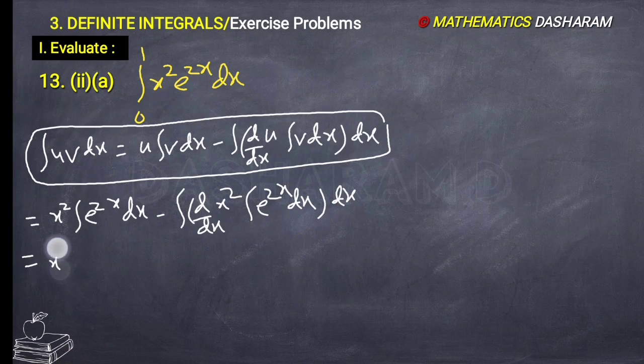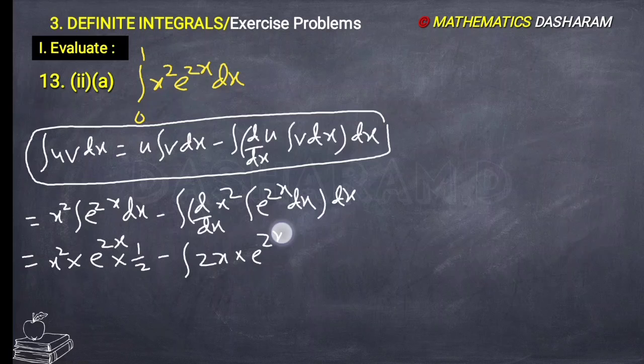It is equals to x square into integration of e power 2x is e power 2x into derivative of 2x is, so 1 by 2, derivative of 2x is 2, but you should write 1 by 2, minus integration of 2x, and here also same e power 2x into 1 by 2 whole dx.